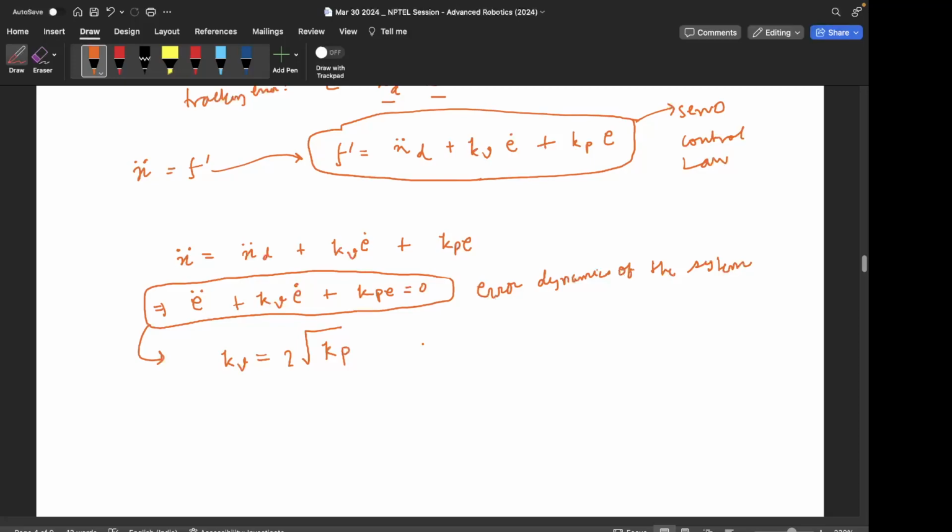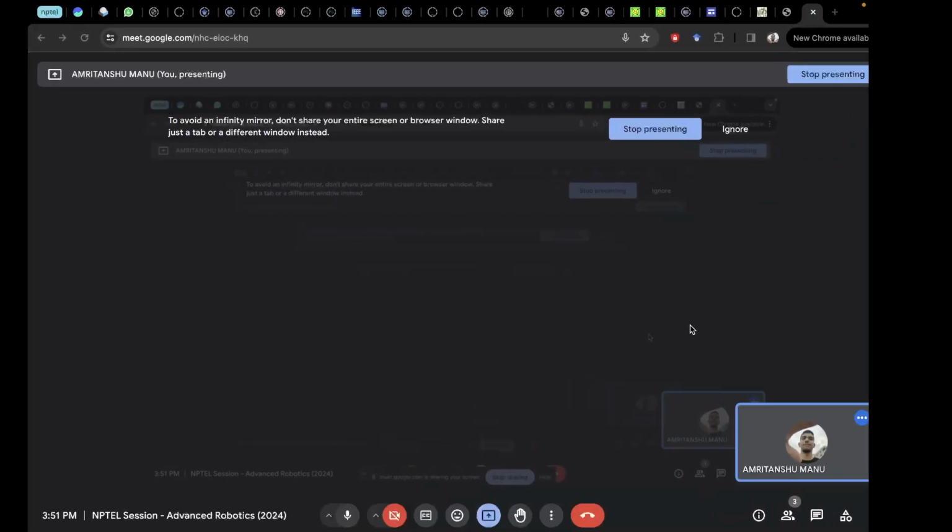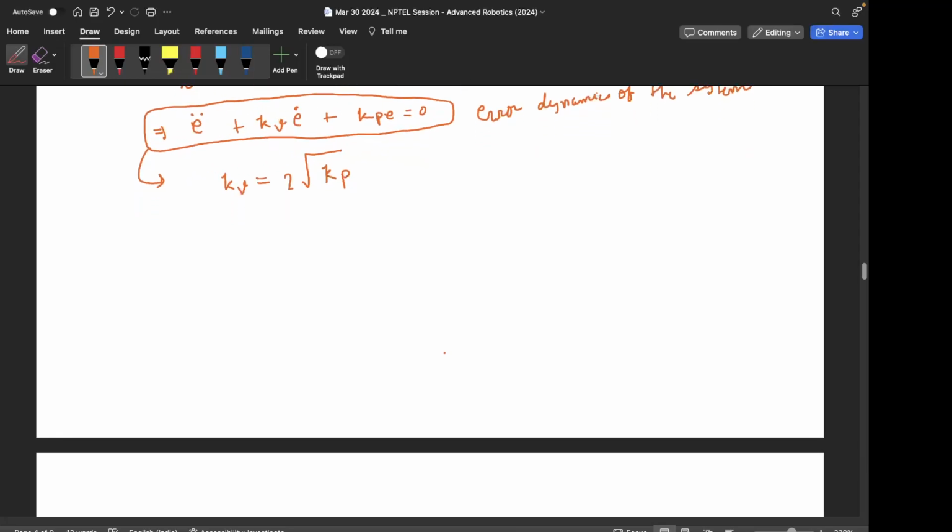A very common thing in designing control systems is gain tuning, and if we bring the system dynamics to this form, then gain tuning becomes very intuitive, right? So this way you can track the trajectories on the manipulator.